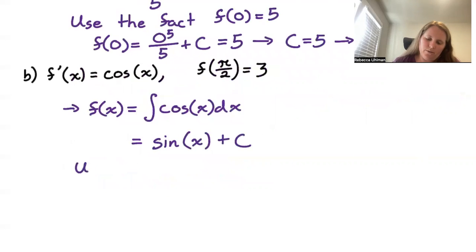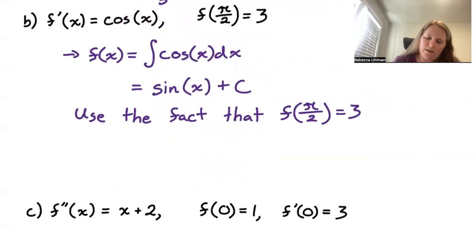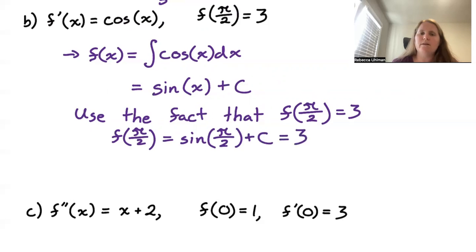Then we are going to use the fact that f of pi over 2 is equal to 3. So we have f of pi over 2 is sine of pi over 2 plus c should be equal to 3.